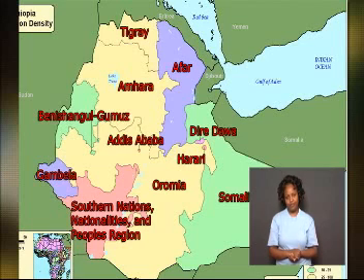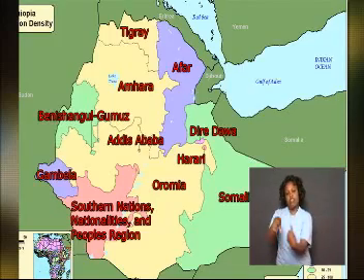These address the specific conditions for each state. The federal constitution explains the fundamental principles upon which the federal and regional governments are based. These constitutions define the relationship and power divisions between federal and regional governments.